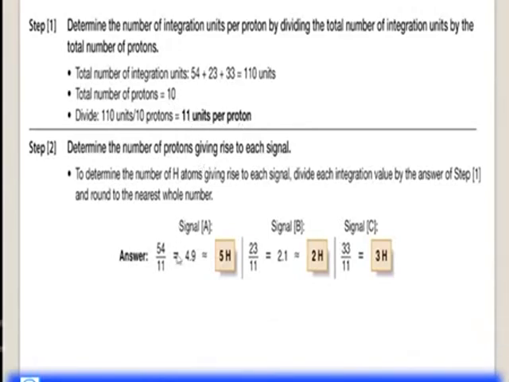So how can you calculate the number of protons for each signal? The integrated value for the particular signal divided by the number of units per proton. So it comes out 4.9 for the first signal, for the second signal we get 2 protons, for the third signal we get 3 protons, and we can round it off to 5 protons. So for the first signal, A, the number of protons comes out to be 5, for signal B 2 protons, and for signal C 3 protons.